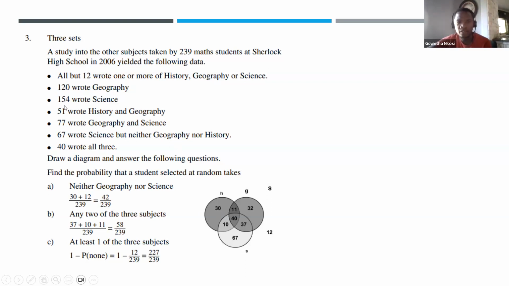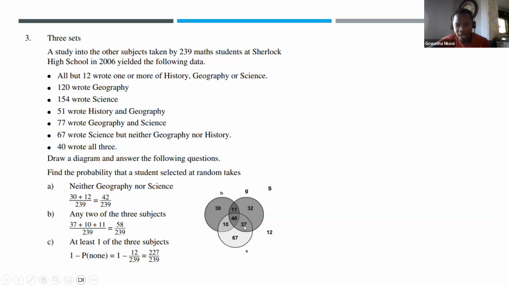Okay, 154 took science. 67 have taken science only. So let me focus on science. With science, I will have 154 minus 67 minus 37 minus 40. What am I left with? I'm left with that 10.